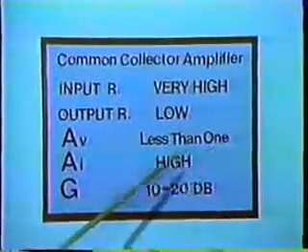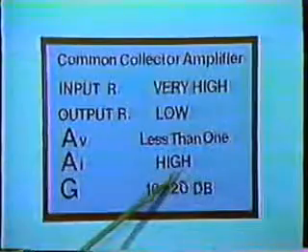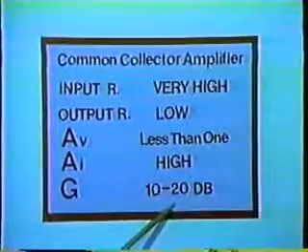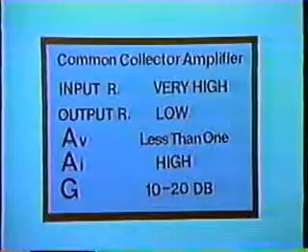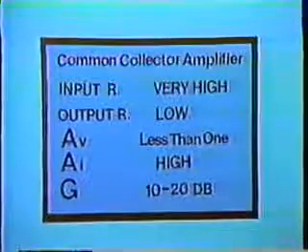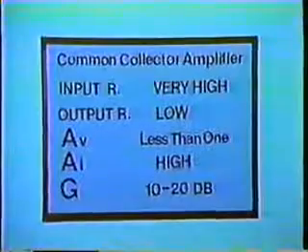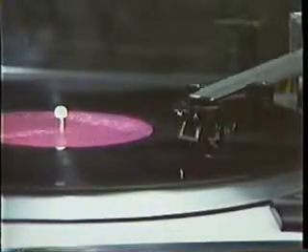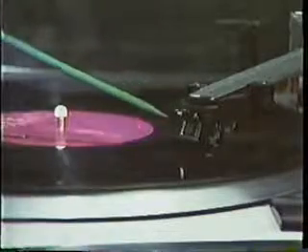The output resistance is low, usually 50 to 1,000 ohms. The voltage gain will always be less than 1, and typical current gains will be from 25 to 50, and power gains of 10 to 20 dB.